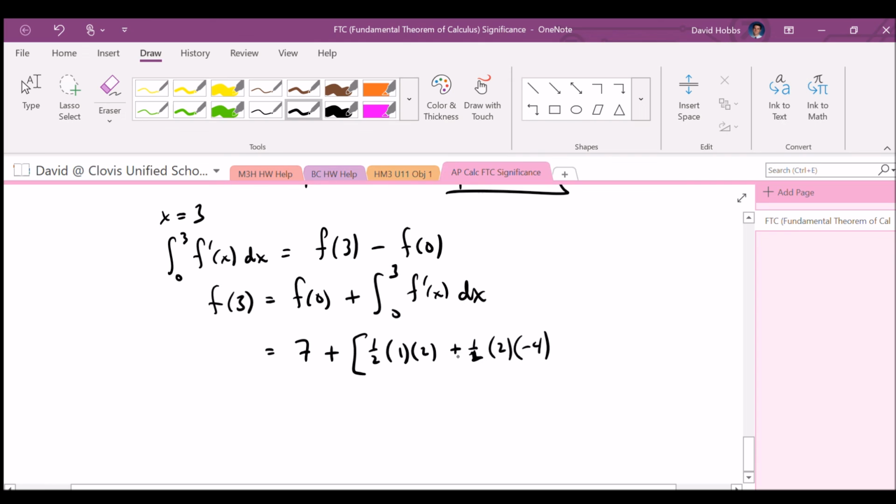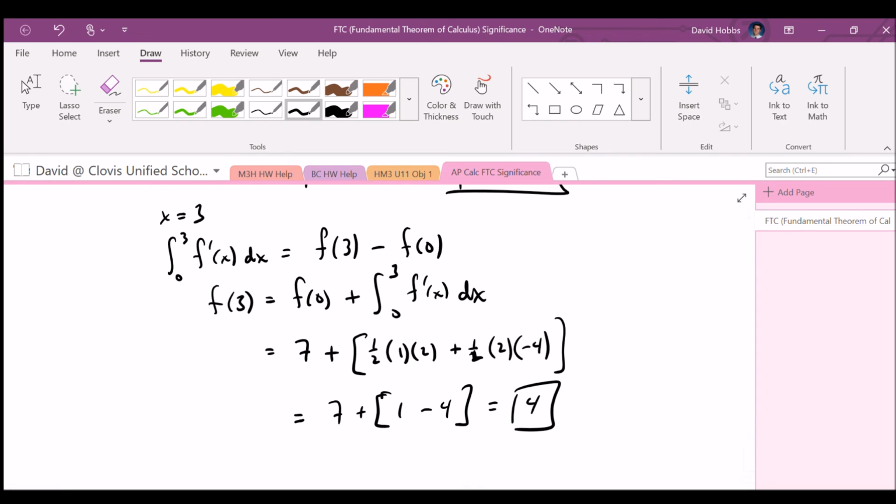Either way, you just do 1/2 times 2 times 4. And so we have 7 plus 1, and minus 4, which is 4.